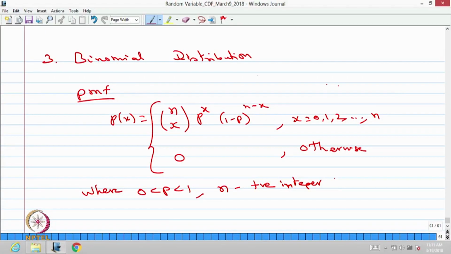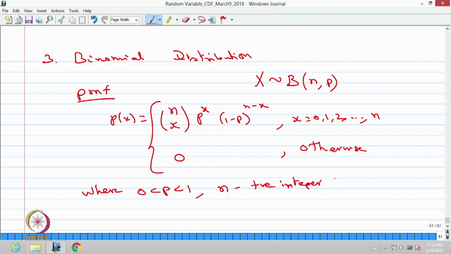So, we usually write the notation x tilde capital B, where tilde means follows, and capital B stands for the binomial distribution, and here the parameters are n and p, therefore, n comma p. So, whenever we write x tilde B(n, p), that means the random variable x follows the binomial distribution with the parameters n and p.